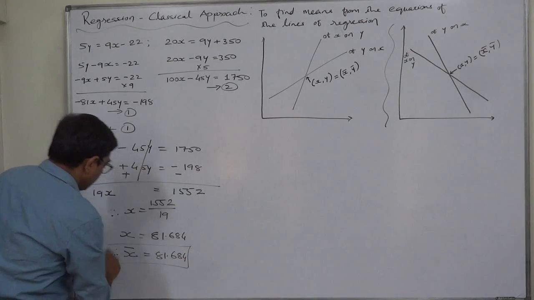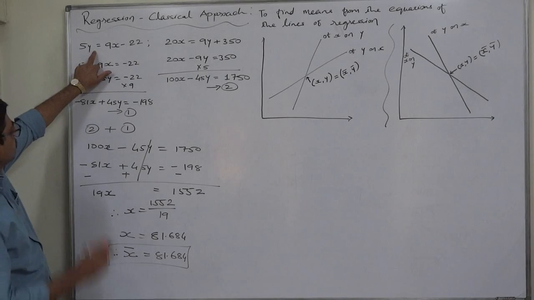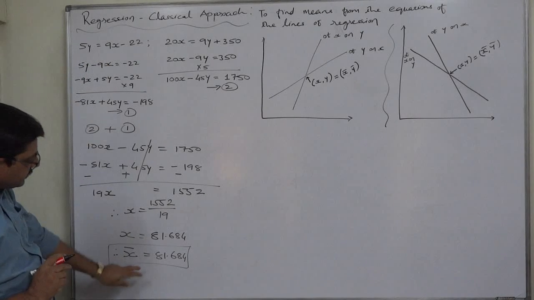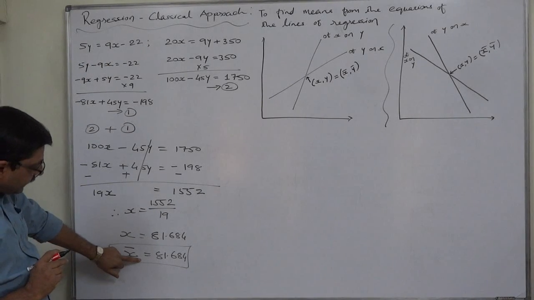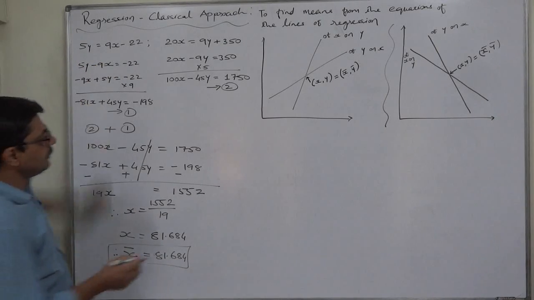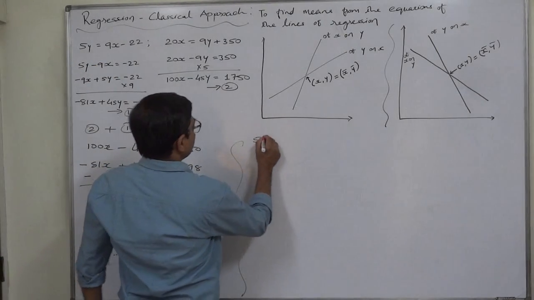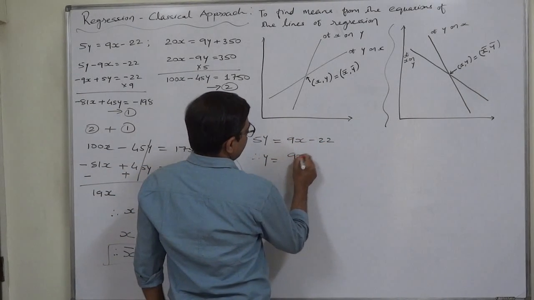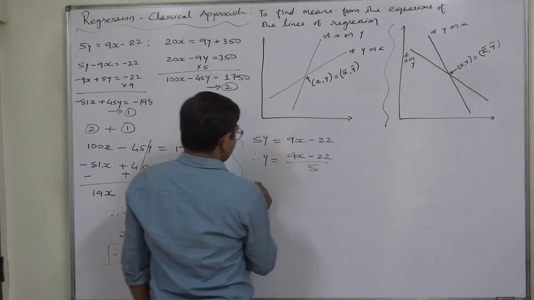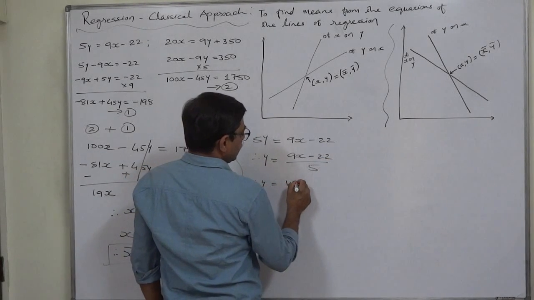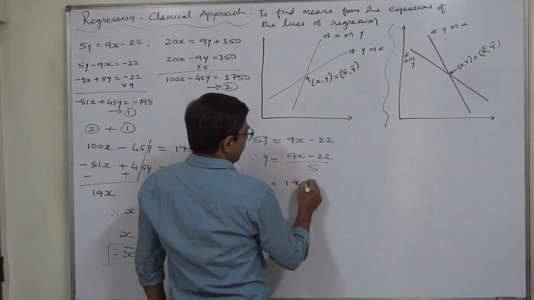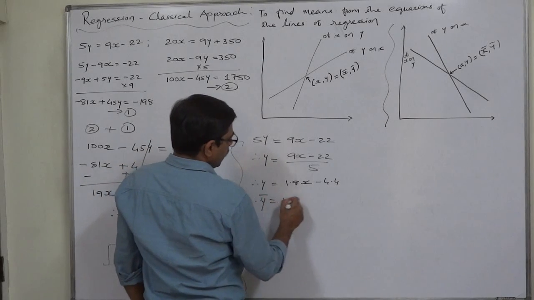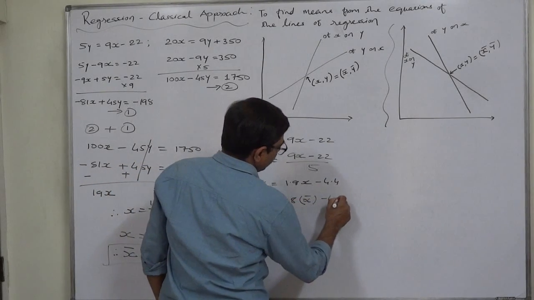Now we know that this is the line of regression of y on x because y is the subject of the formula. So if we substitute this value of x into this equation, the result will be mean of y or y bar. 5y equals to 9x minus 22, therefore y equals to (9x minus 22) upon 5, therefore y equals to 1.8x minus 4.4, therefore y bar equals to 1.8x bar minus 4.4.